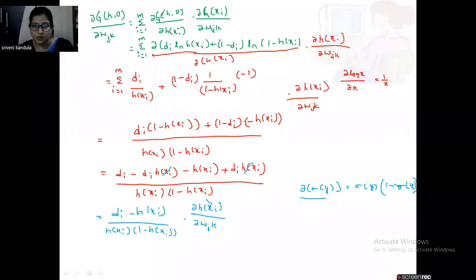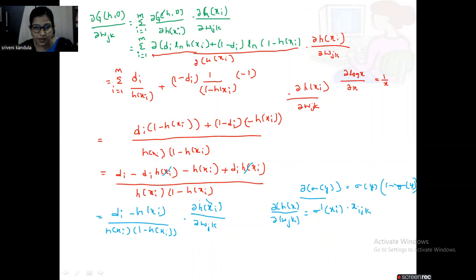So using this formula of sigmoid, we can rewrite our ∂h(xi). The second part, ∂h(xi)/∂wjk, is σ'(xi) multiplied with xijk. So you should remember the back propagation here.